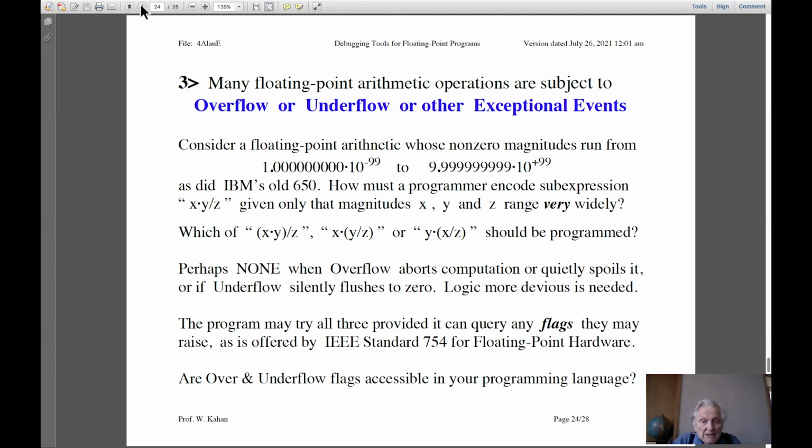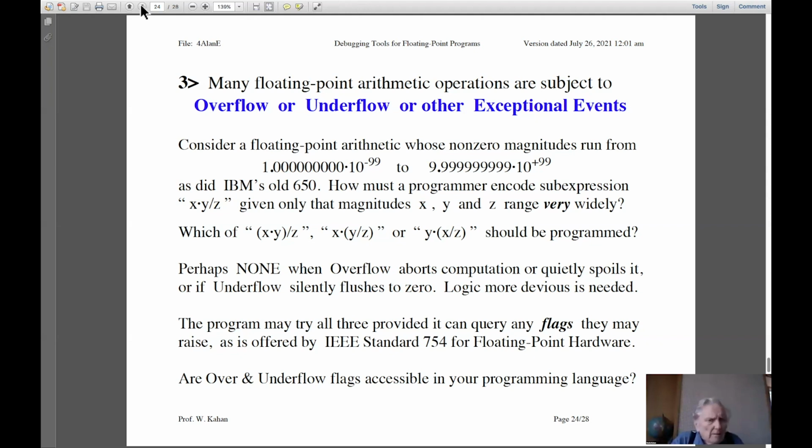Compute the first one, x times y, and then divide by z. Well, if that overflows or underflows, you'll discard it and go to the next.